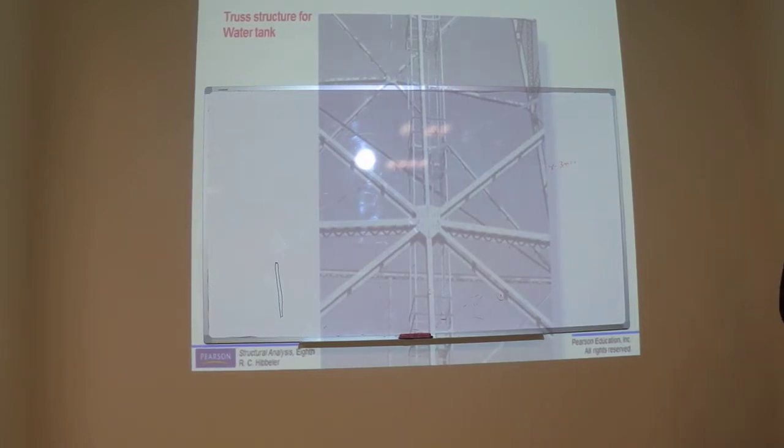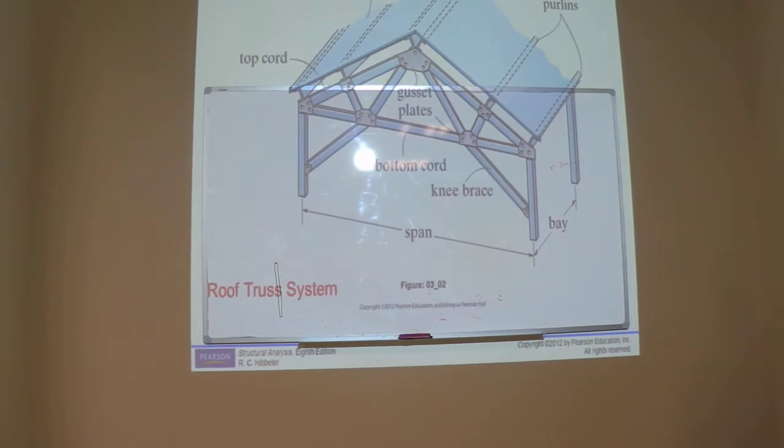We can provide bolts, and we can also provide welds. Like here, if you see in this structure, you have different parts of a truss. This part is the bottom chord.